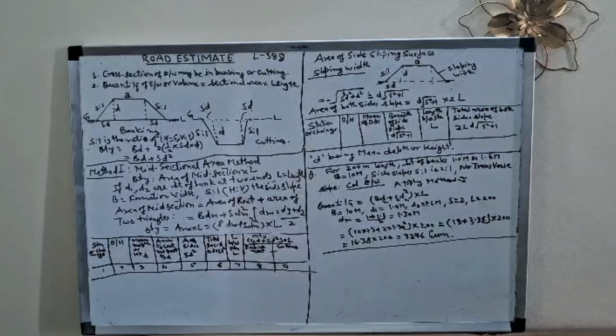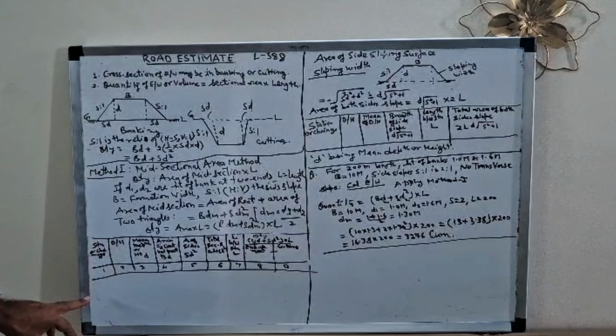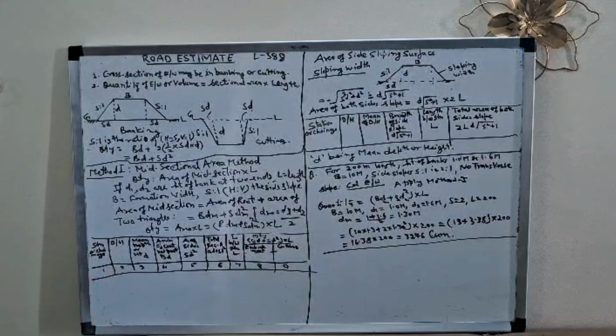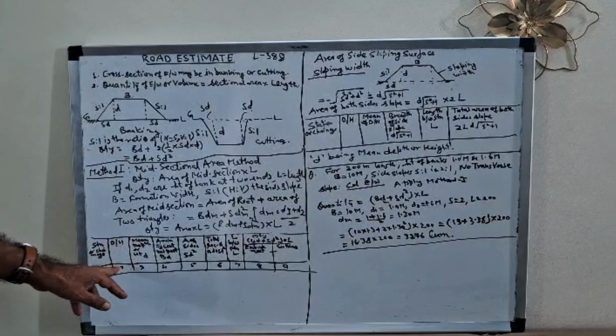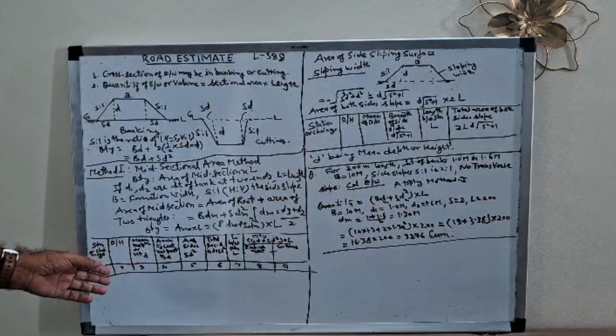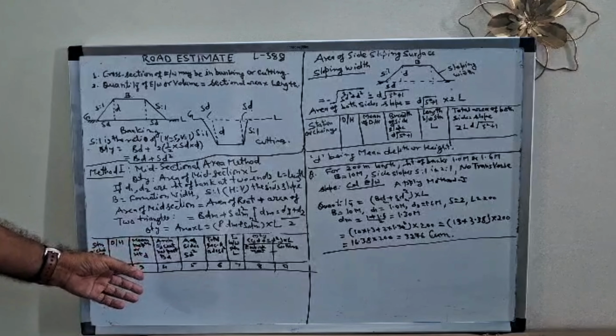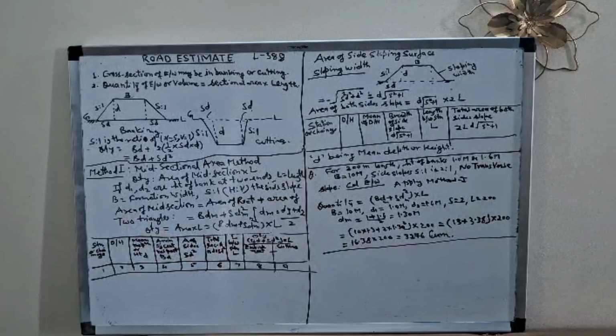Now you can tabulate it in this form: the station or chainage from one point to another. You can put stations 1, 2, 3 like that. From station to station you can calculate the quantity of earthwork. That is the depth or height, the mean depth, with D1 and D2, then the sectional area BD plus SD square, and you write down the length on the side.